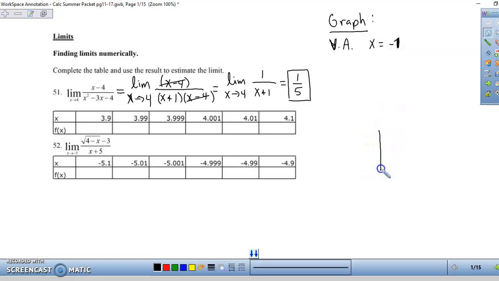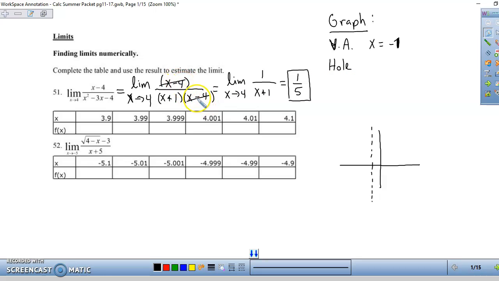And I'll start doing the graph down here. So at -1 on the x, this is going to be a vertical asymptote. The other thing that can happen in a rational function is you can have a hole. So it is a particular point that does not have a y value.